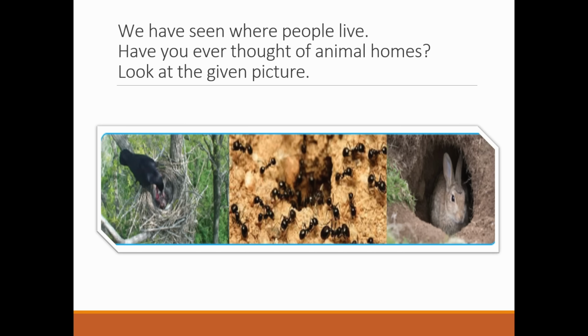And at last, a rabbit seeing through the hole. So what are all these places called? Do you know? Let us see in this lesson. These are all their homes, their shelters. What they are called, we will see in this lesson.